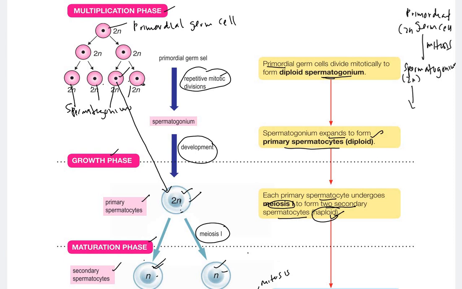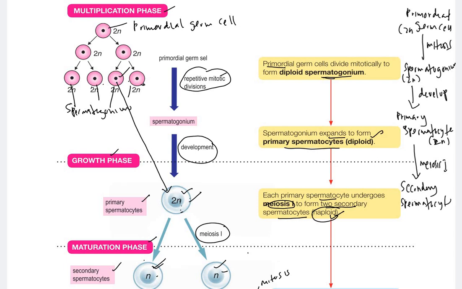Okay, spermatogonium just develops and produces primary spermatocyte. So of course still 2N. Then it undergoes meiosis 1 and produces secondary spermatocyte. So now this one is N, half.